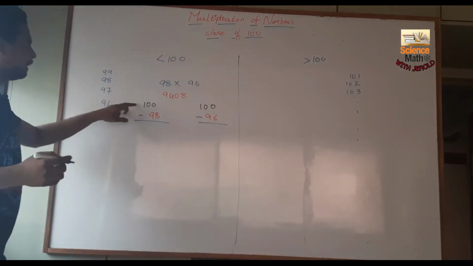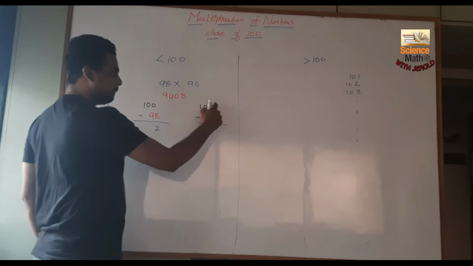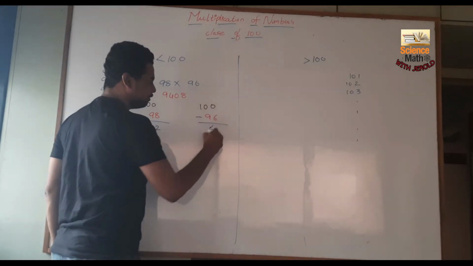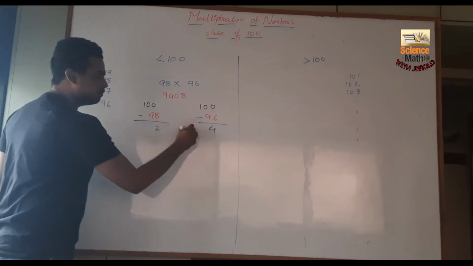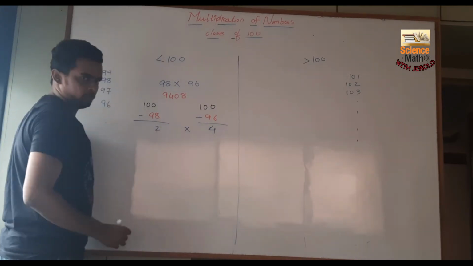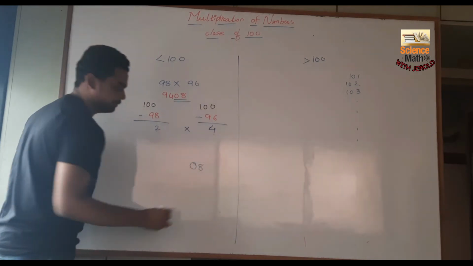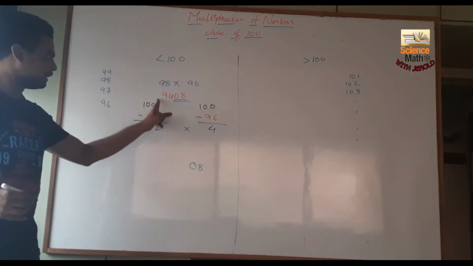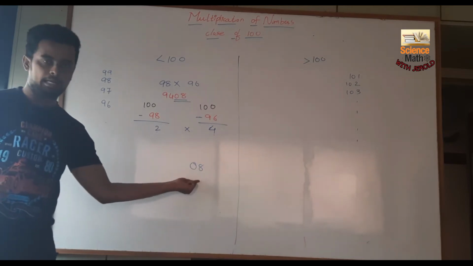Very simple. 100 minus 98 will give me 2, and 100 minus 96 will give me 4. Now multiplying both the numbers, 2 and 4, I will get 8, which is the end part of the answer.